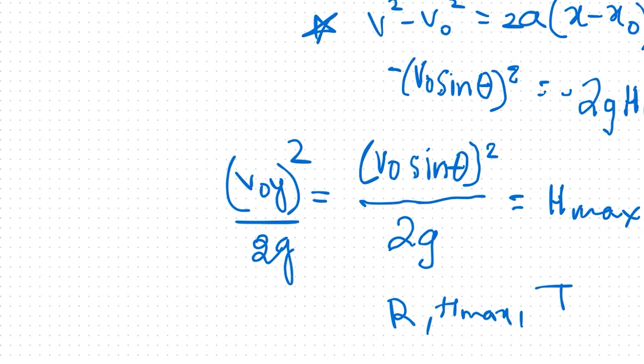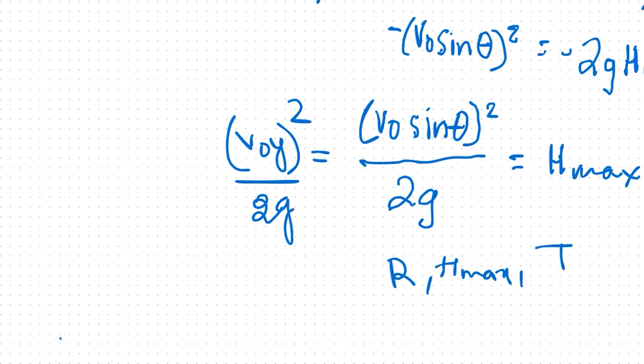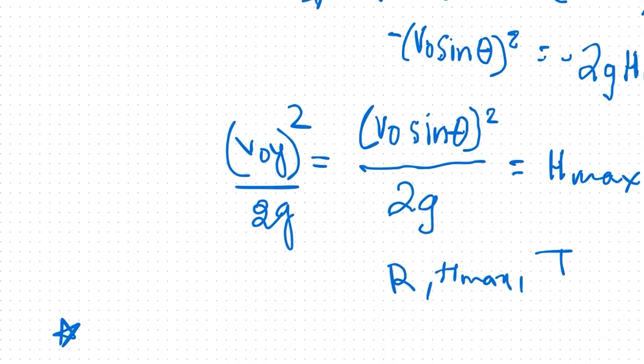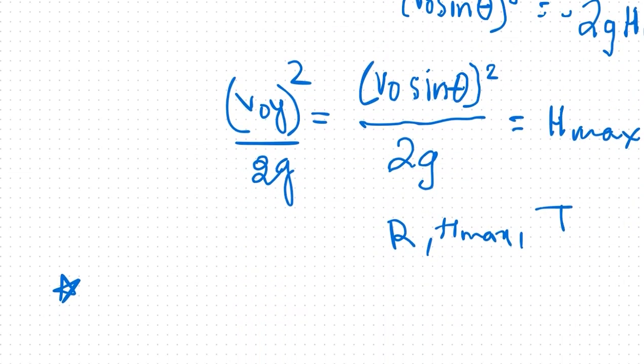One thing that determines the range, the horizontal range, how far the ball goes, is that it is actually driven by the horizontal component of velocity.